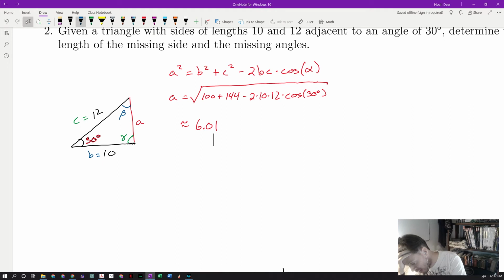So then we need beta or gamma. I'm going to go with beta here, just arbitrarily. And so I'll use b squared equals a squared plus c squared minus 2ac times the cosine of beta.